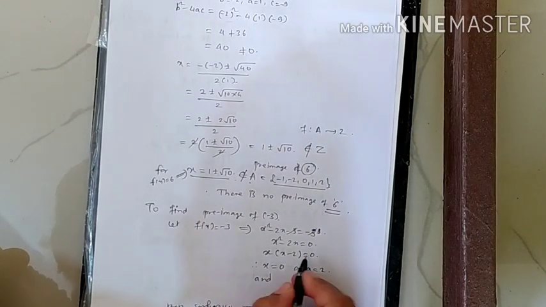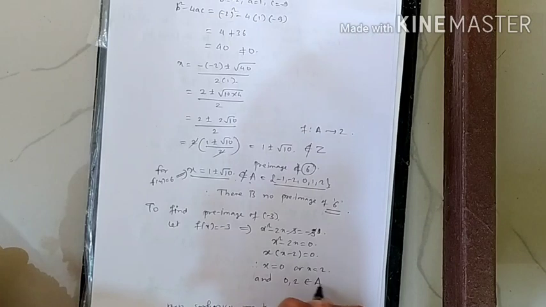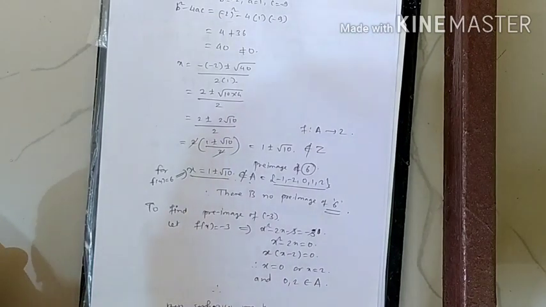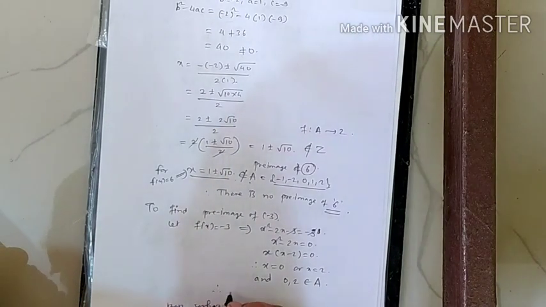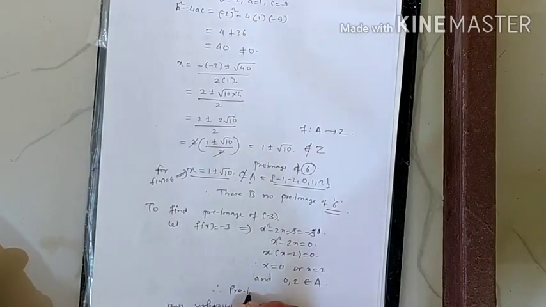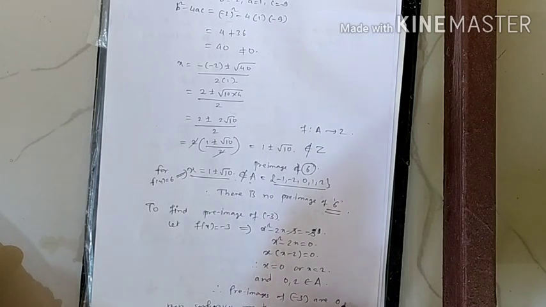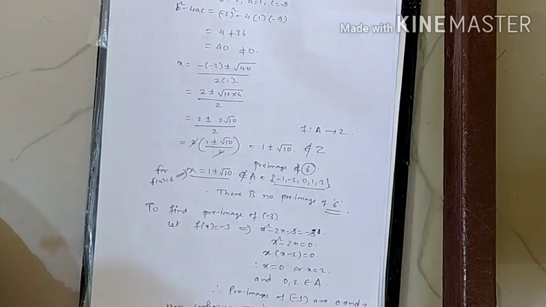And 0, 2 belong to set A. Therefore pre-images of minus 3 are 0 and 2. Getting? Is it visible, student?